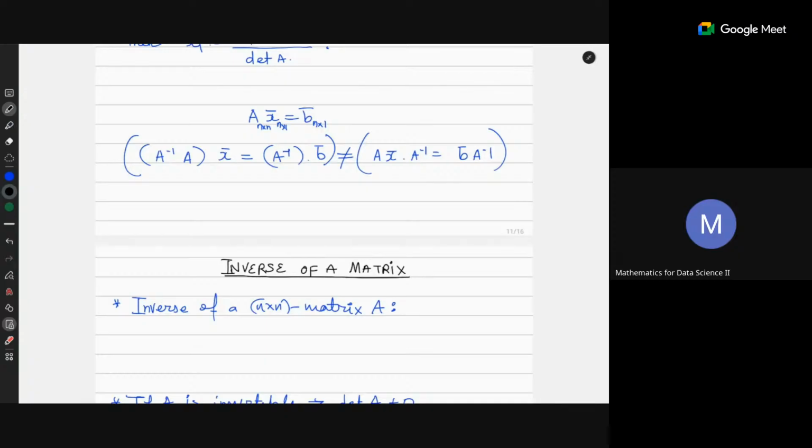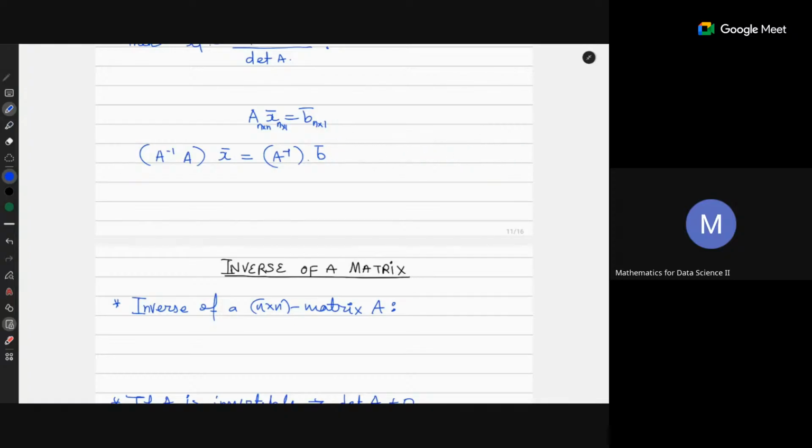Now let's come back to this. We have a system of equations. Because the number of equations equals the number of variables, the coefficient matrix is a square matrix, and I can write it in matrix representation form like this. I'm assuming the determinant is non-zero, so I can use the inverse of a matrix to find the solution.